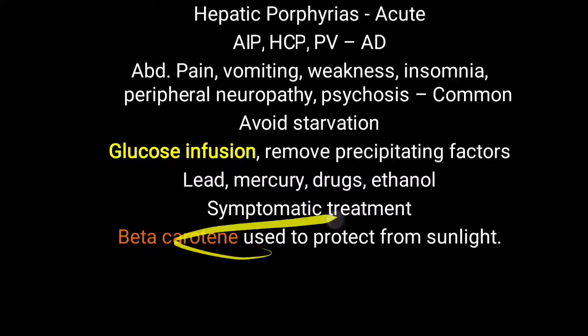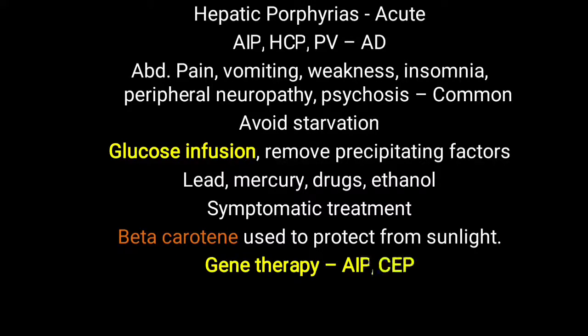As symptomatic treatment, you have to remember beta carotene, which can be used to protect against sunlight exposure. If beta carotene is utilized, it will help to decrease the overall symptoms of cutaneous photosensitivity. Now gene therapy is also being tried in acute intermittent porphyria as well as congenital erythropoietic porphyria.